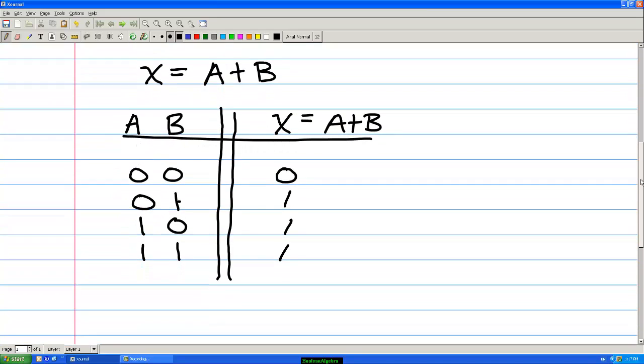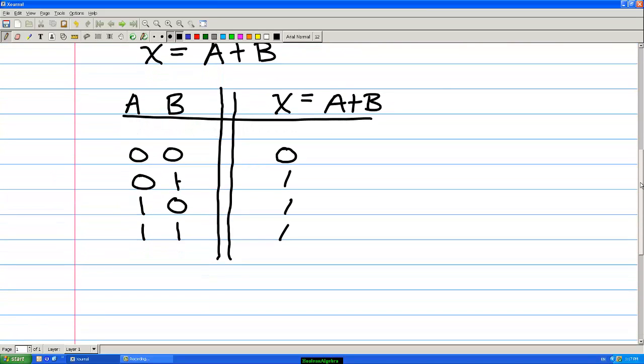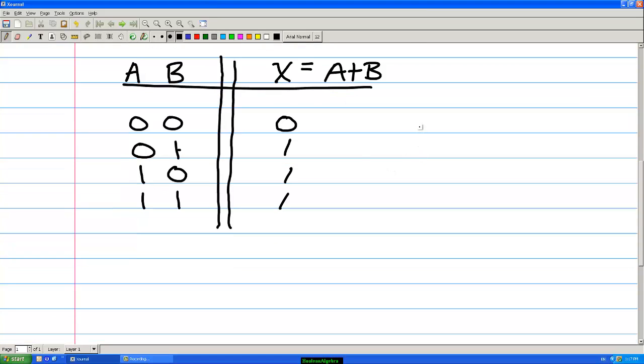Now there's an electronic symbol for this, and it's called an OR gate, and it looks like this. This is the symbol for the OR operation.